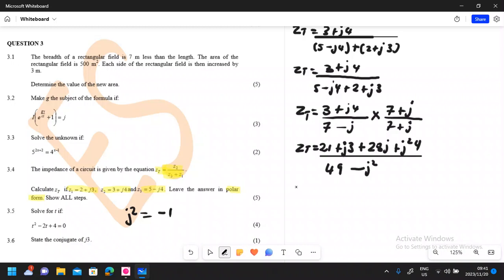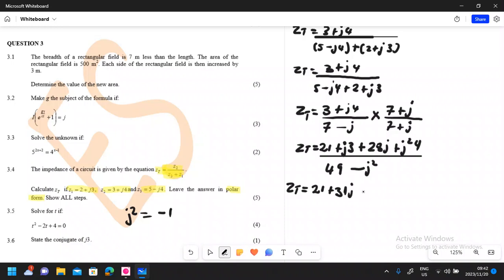So let's continue here. So total impedance, yes, total impedance. This is going to be 21. We are fine with 21, and we have the like terms here. We have 3j plus 28j. That's going to give us 31j. Okay, and then here we have j squared.